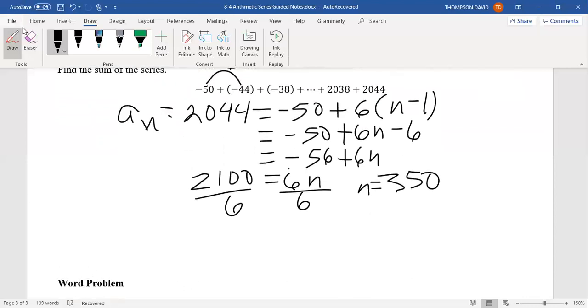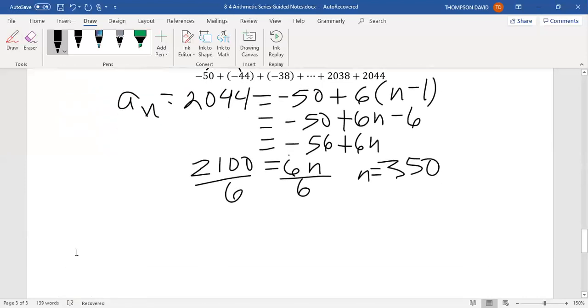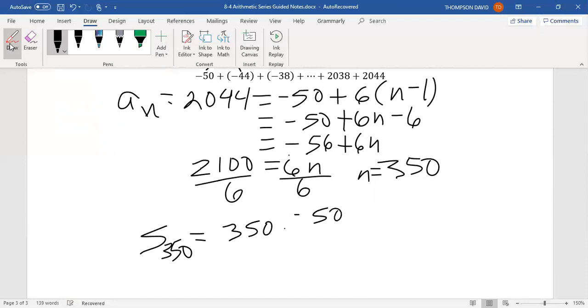Now we're just going to apply our formula to find the sum of the sequence. So our formula would be S of 350 equals 350 times negative 50 plus 2044, all that over 2.